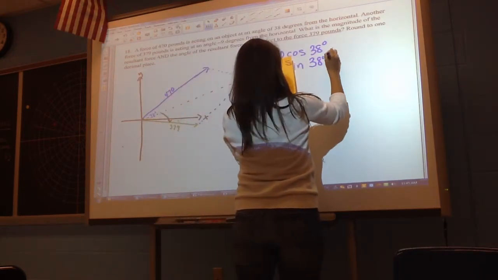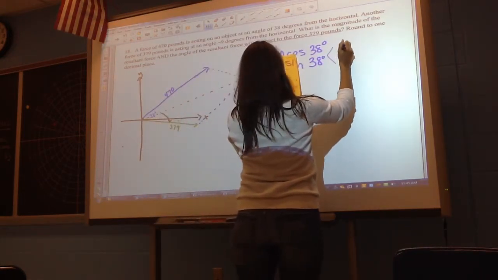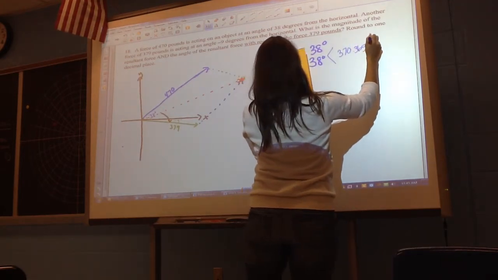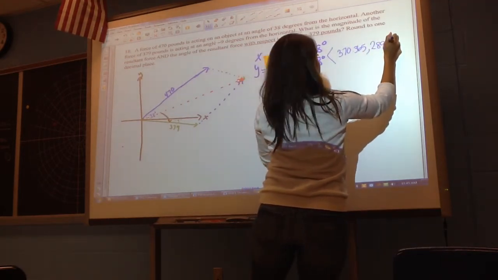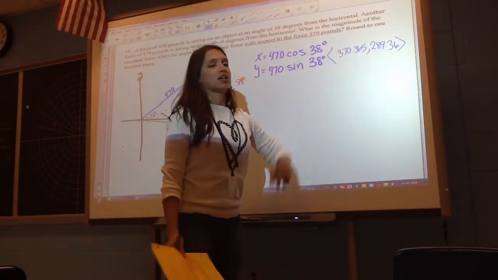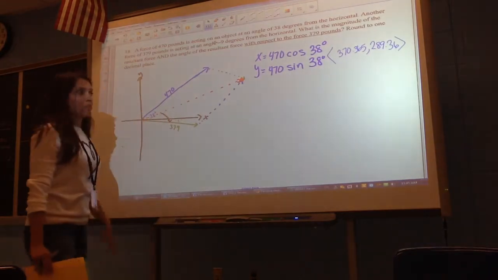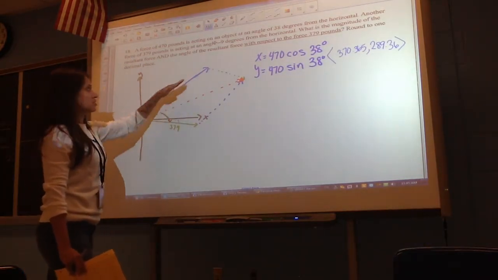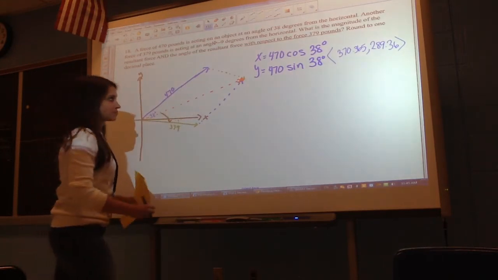That is going to equal 370.365 and 289.36. Again, they're in the first quadrant. They're relatively large numbers. It's a practical x and y component vector for this blue vector drawn here.